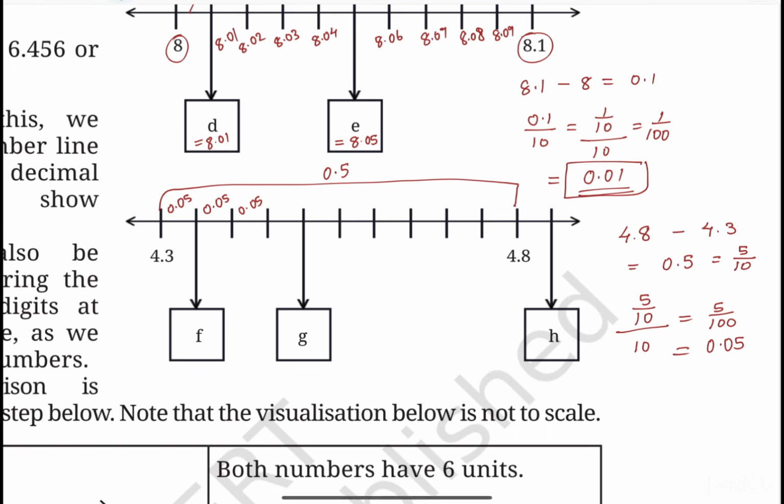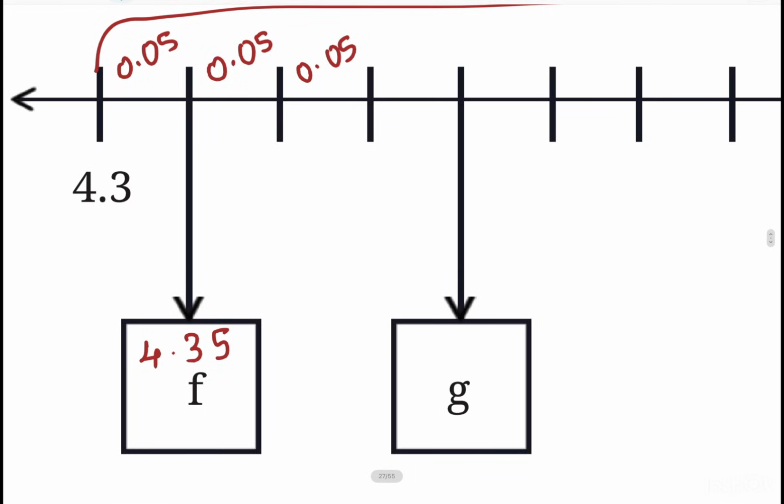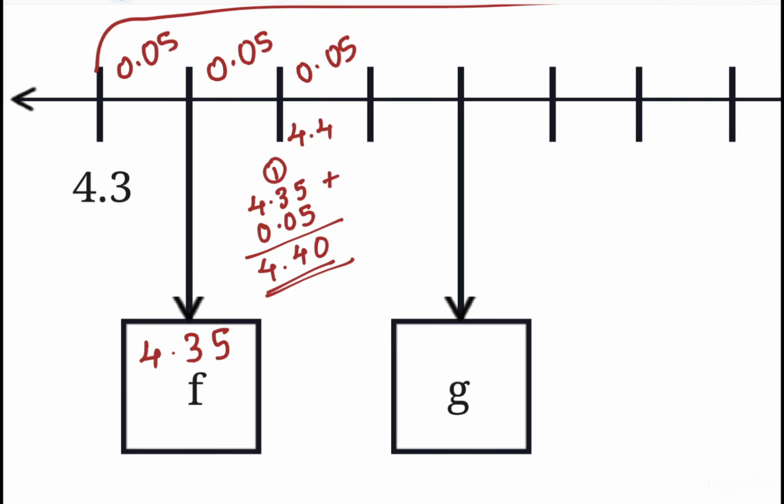F is 4.3 plus 0.05, that is 4.35. What could be the next number? It is 4.35 plus 0.05, that is 4.40, we can write 4.4.